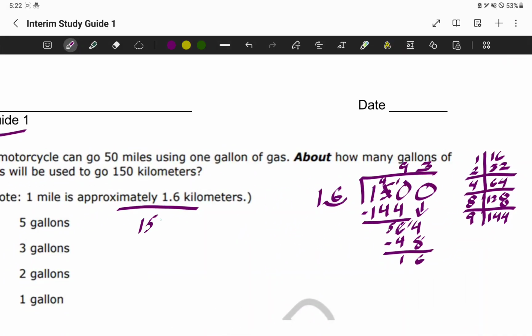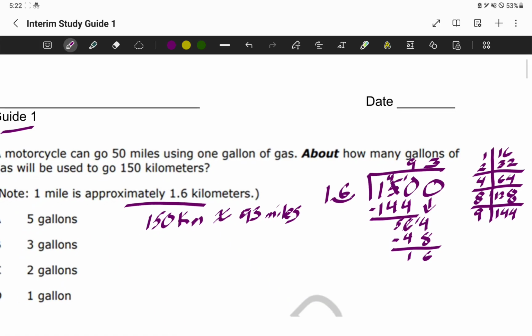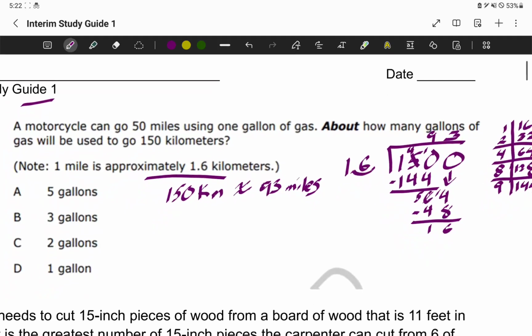So 150 kilometers is about 93 miles. So we want to know how many gallons we need to go that many miles.